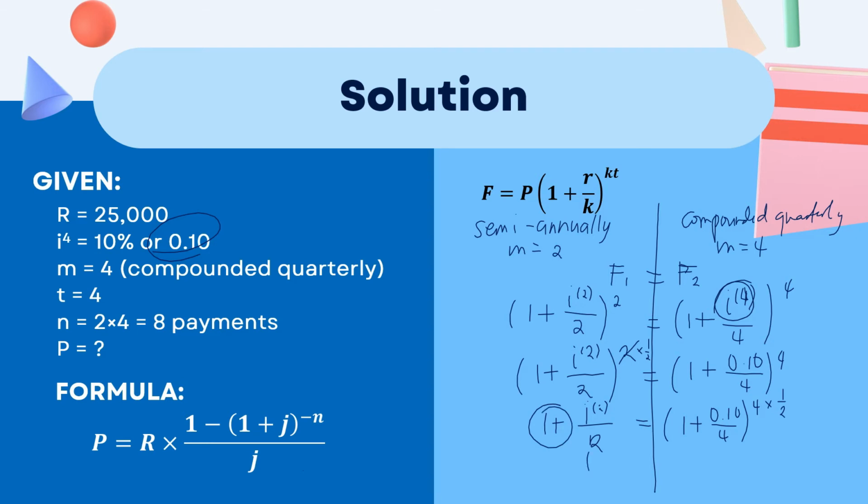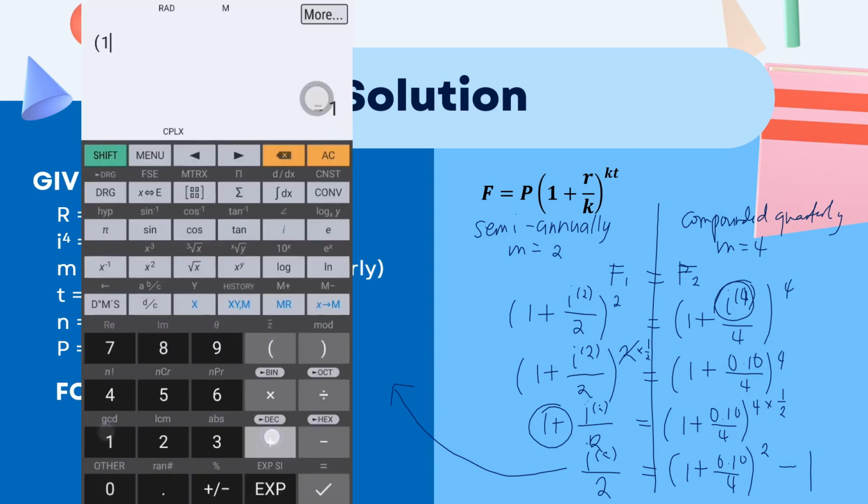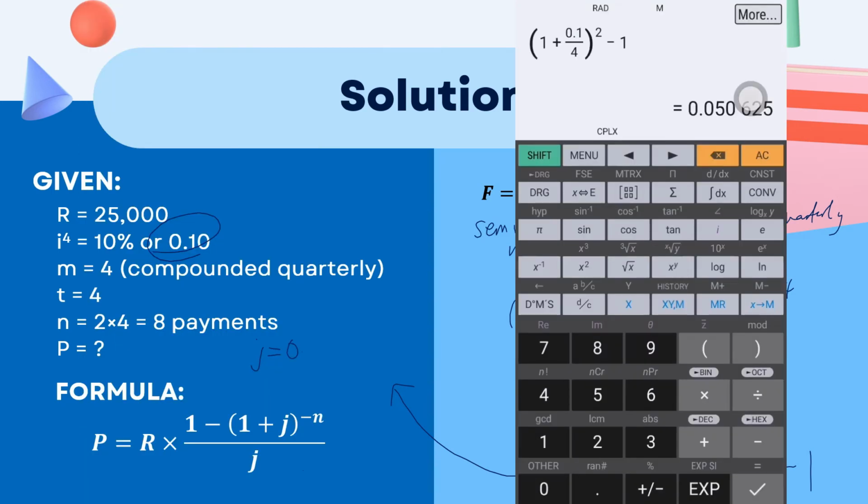Then, ilipat sa kabila. 4 times 1/2 is 2. Tama po? Minus 1. So, pwede na po natin siyang idiretso sa calculator. So, yung equivalent rate na po natin is 1 plus 0.10 over 4 raised to 2 minus 1. And so, that is equal to 0.050625.